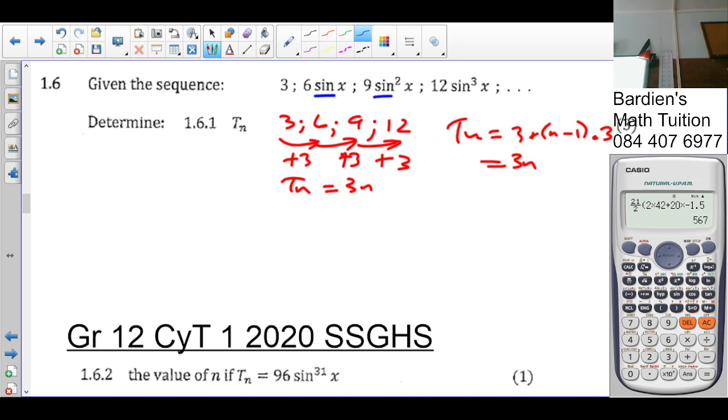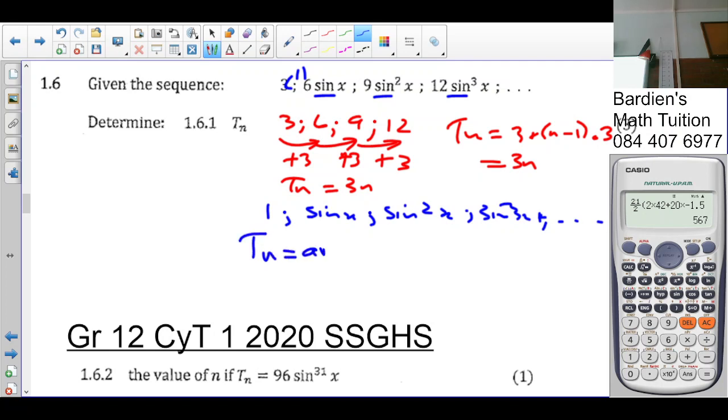For the sines, remember now there's a 1. So there's 1, sine x, sine squared x, sine cube x, and so on. So the general term for this is going to be Tn is equal to a r to the n minus 1. What's my a value? 1. R is going to be sine x. As we move from one term to the next, you're multiplying it by sine x.